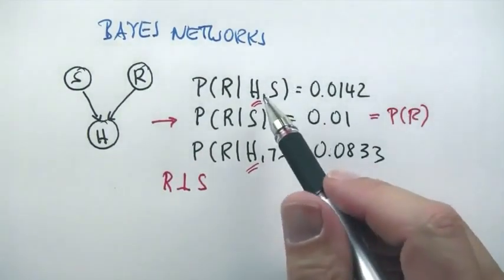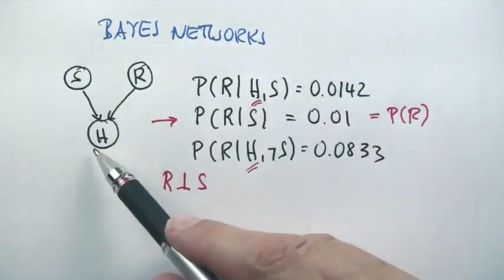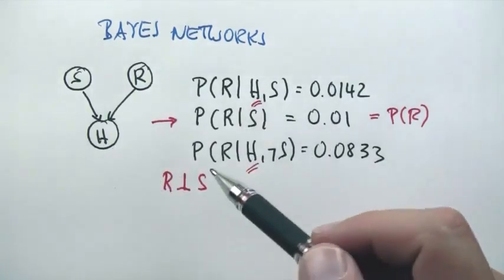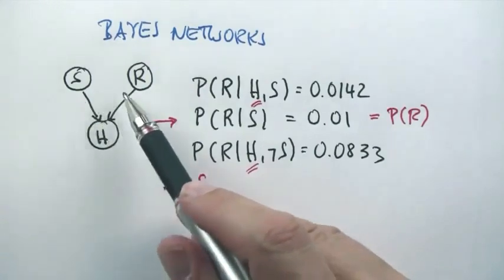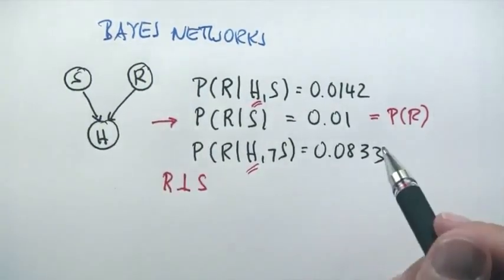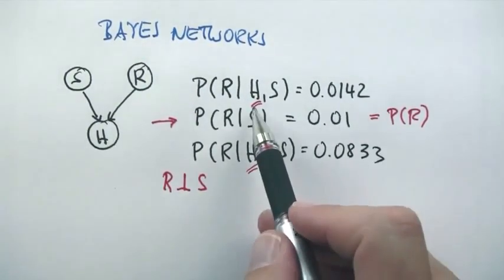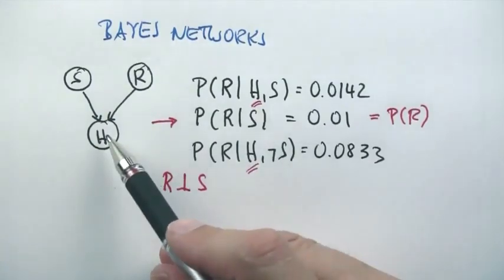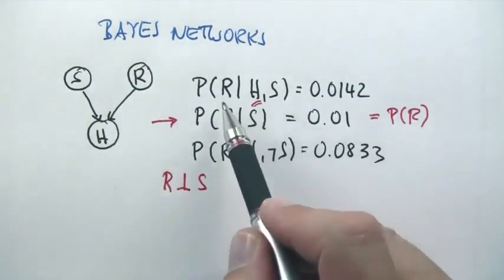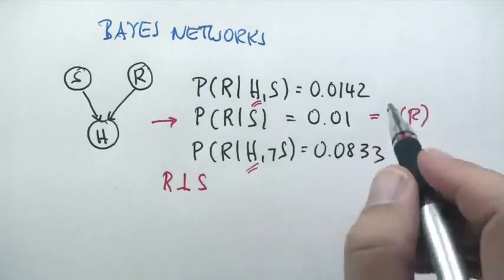However, if I know something about the variable H, then S and R become dependent. That is, knowing about my happiness over here renders S and R dependent.